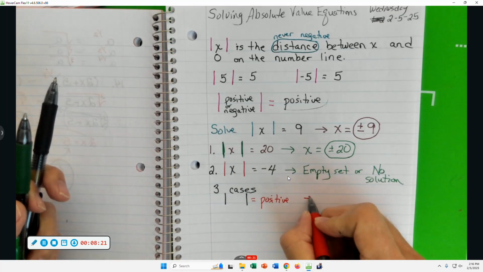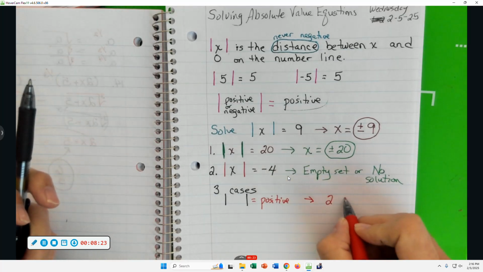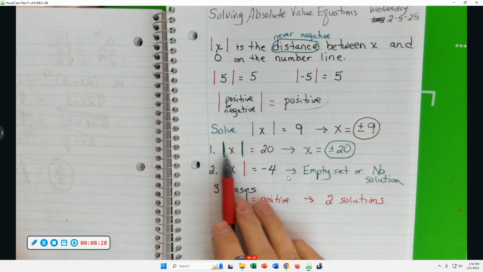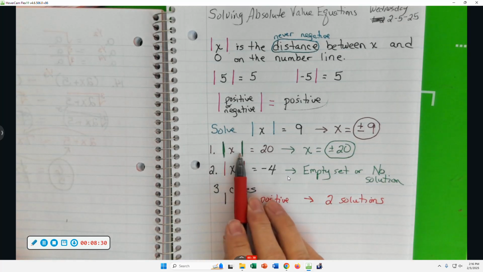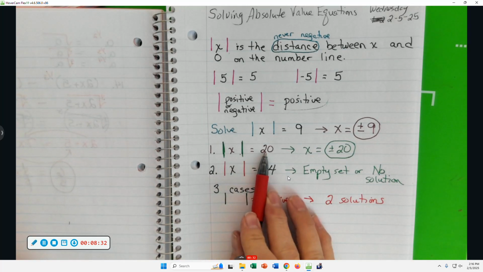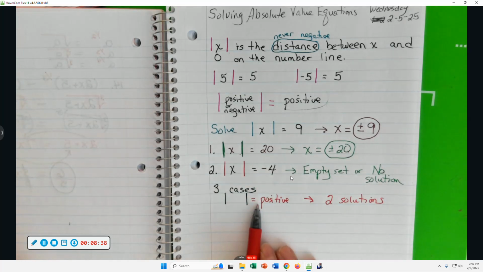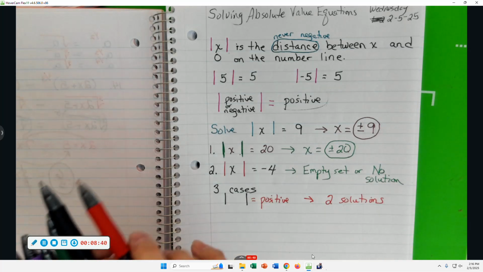If that's the case, then there'll be 2 solutions. Problem number 1 is an example of that. Absolute value equals positive 20, so x is plus or minus 20. So you have absolute value equal positive, 2 solutions.